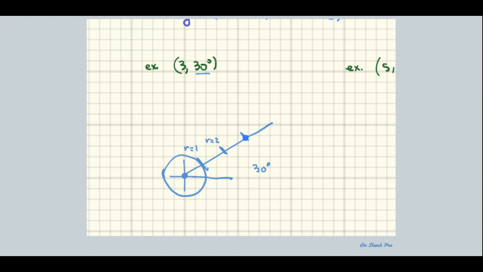At this point r is 3, and the coordinates, which again are not unique, but one way of writing it is (3, 30 degrees). So those were the steps when we did this. When we're trying to plot this, we find an origin, and that origin is called the pole, by the way.